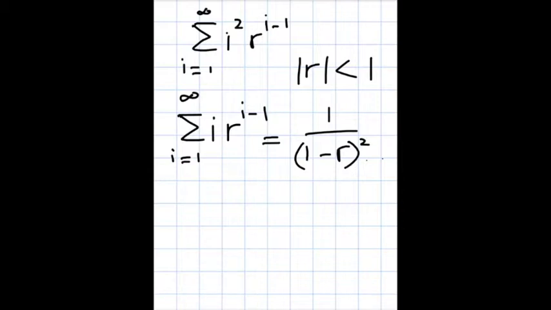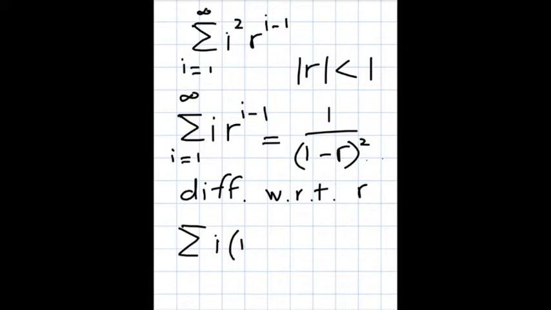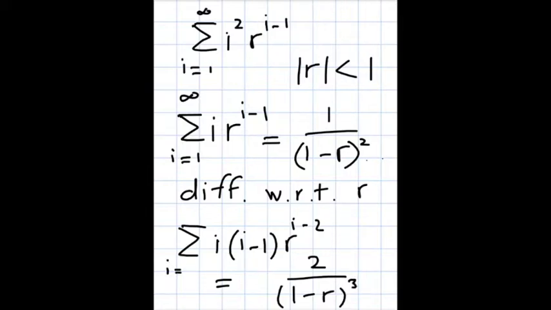Now what we do is we differentiate both sides with respect to r. On the left hand side we have i times (i minus 1) times r to the i minus 2, and on the right hand side we get 2 over (1 minus r) cubed, and then the limits of i will be from 2 to infinity.